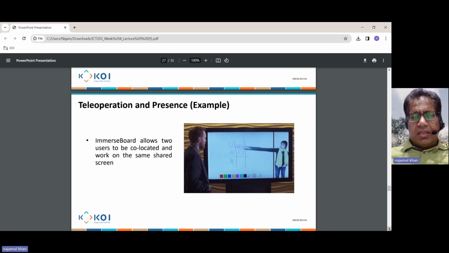Whether it is computer games or teleoperations or the cockpit of an aeroplane or the interface of a banking system or the interface of an ATM machine, behind all those, who is involved? Designers. Right, this is how important it is.